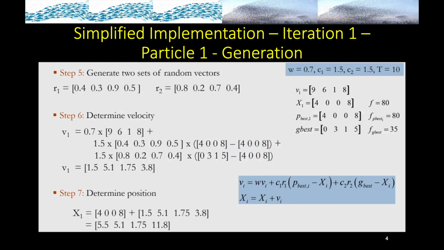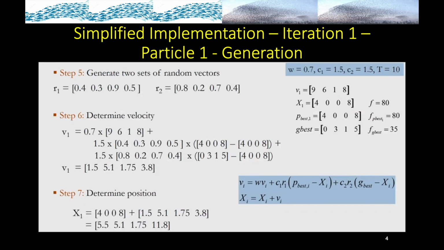Then in the next step, we can determine the velocity of the particles. For example, for the first particle, the current velocity v1 is 9618. We'll use that to generate the new velocity, using the equation vi equals w vi plus c1 r1 multiplied by (p best i minus xi) plus c2 r2 into (g best minus xi), if you remember.